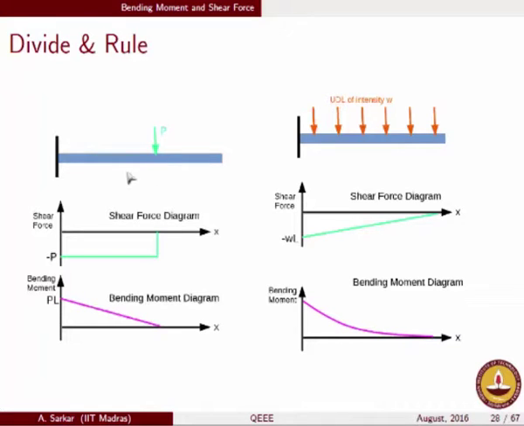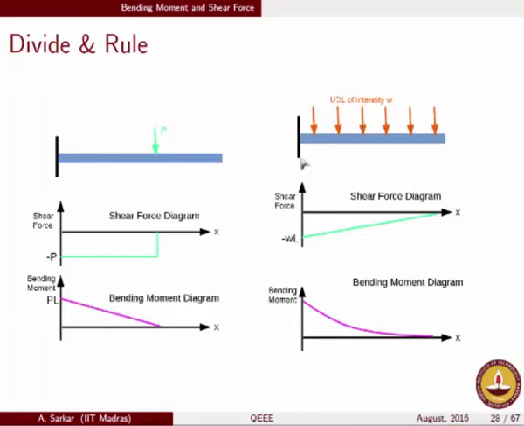That has been reasoned out very elaborately in the talk: no matter where I cut the cross section, the shear force remains the same. This means the shear force diagram will show something like what you are referring to as a rectangle. For all the x values from this point to that point, the shear force is the same at minus P. So that is why it is rectangular.